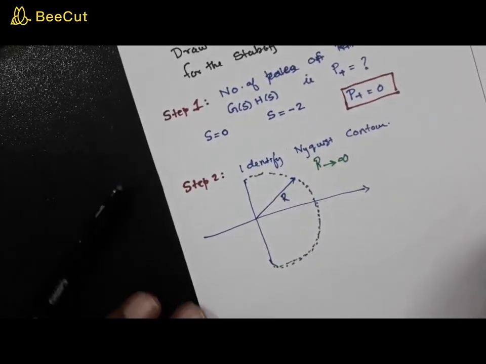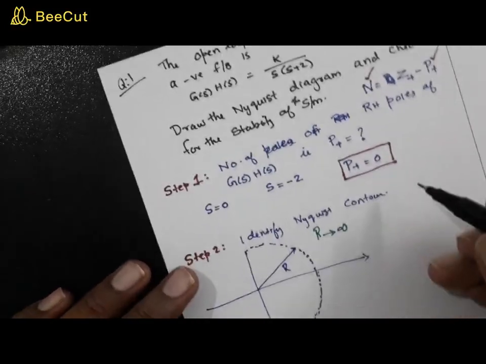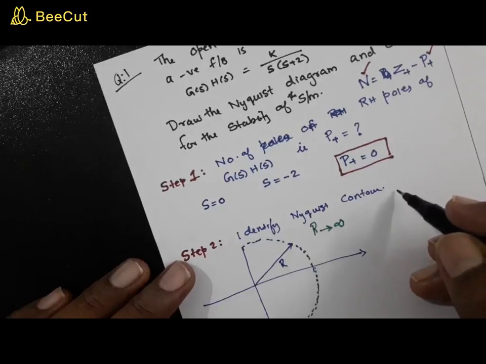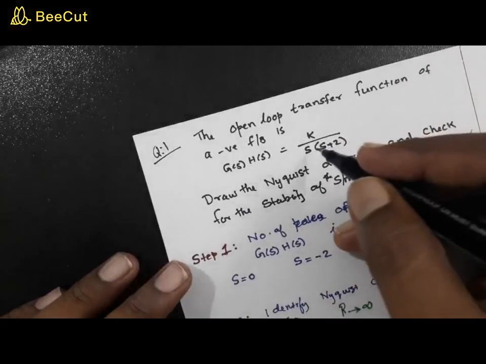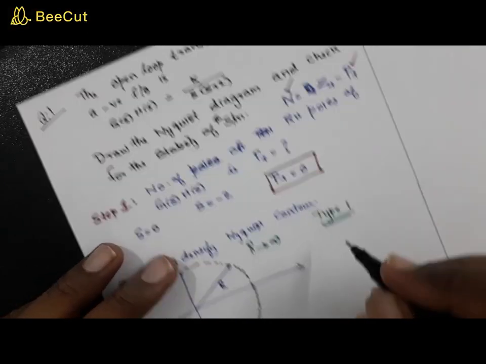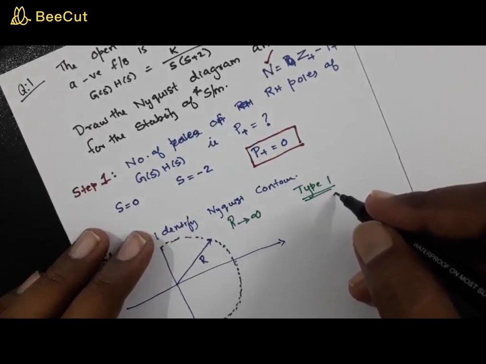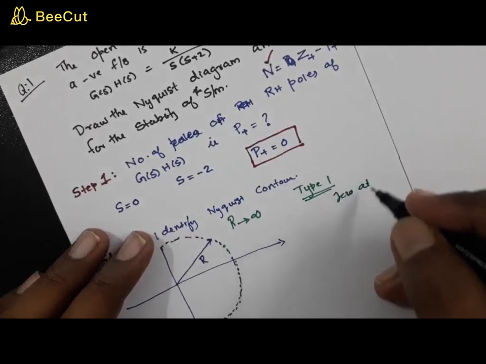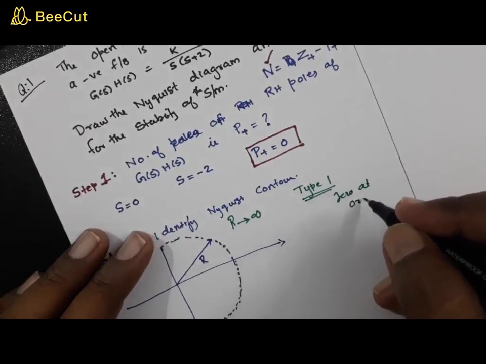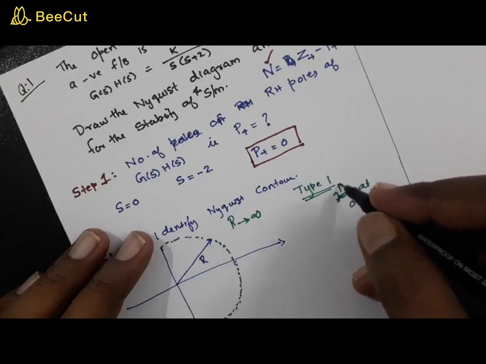The answer is no. Here in this example, just before drawing this, you must find out the type of the system. The type is equal to 1. The meaning of that is you have a pole at the origin.